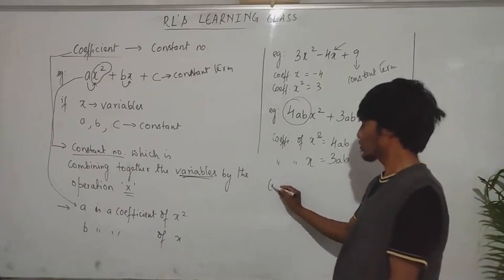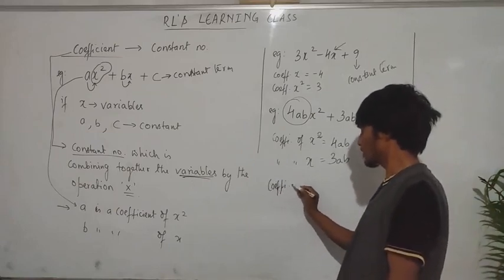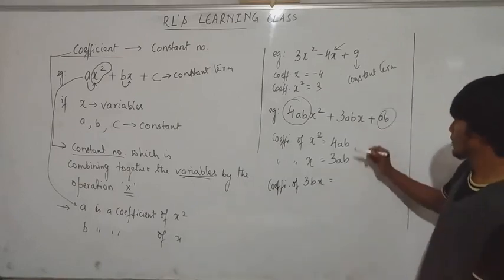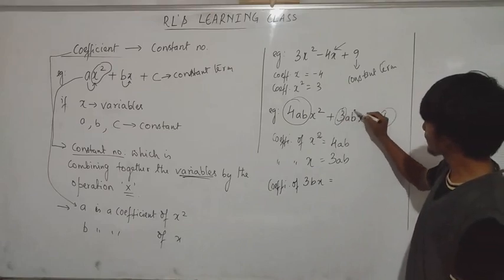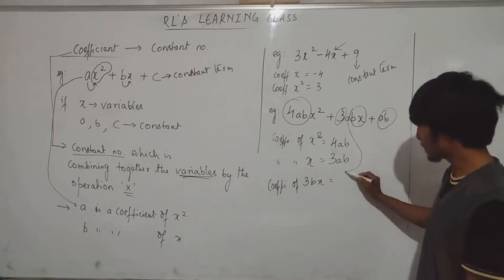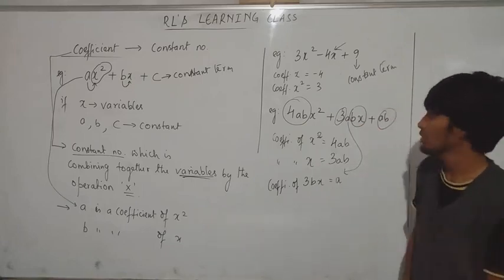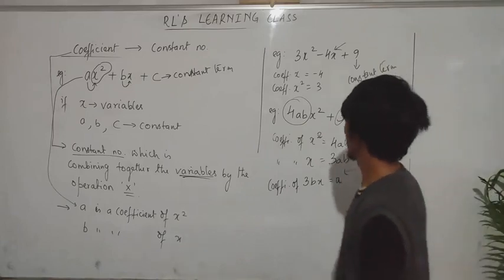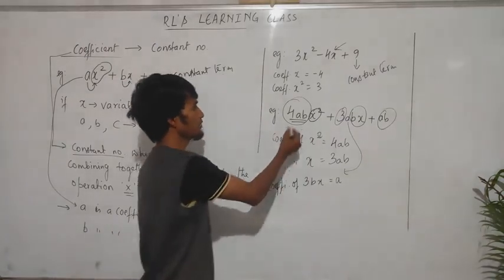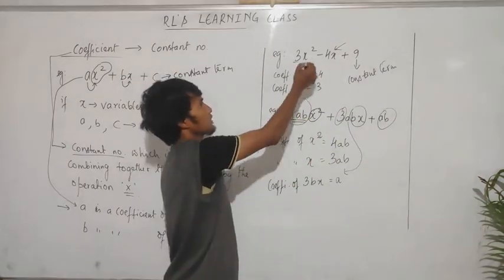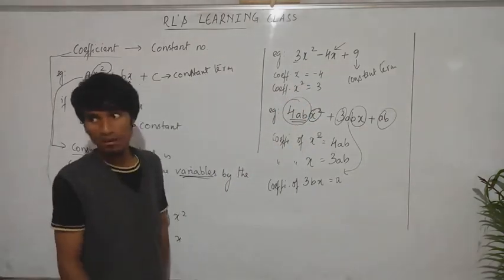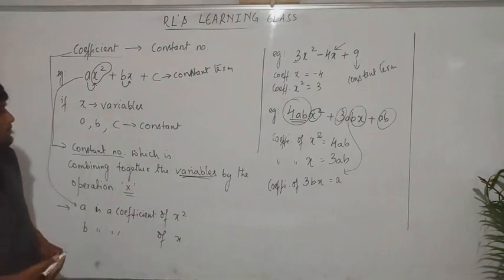The coefficient of 3bx will be A. Mainly we consider x as the variable, so the coefficients will be 4ab, 3ab; here 3 is the coefficient of x squared, minus 4 will be the coefficient of x, and 9 will be the constant term.